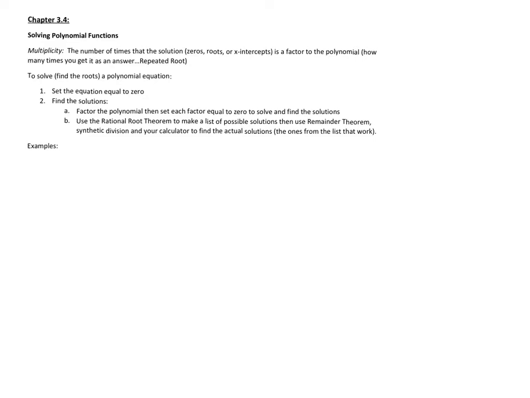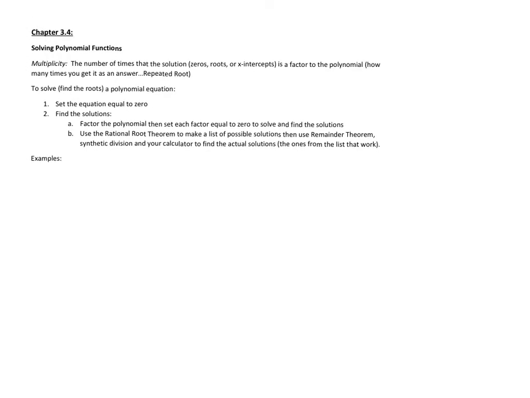I can look at this multiplicity in a factored form and see that it's got an exponent of more than one, meaning that if I have the factor, let's say, x plus 7 squared, that means there's actually two solutions at this spot, which means x equals -7 is a repeated root.